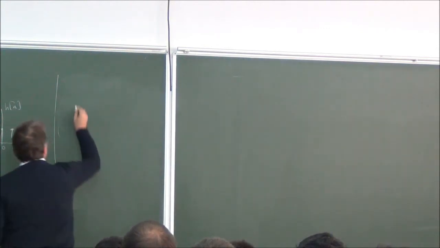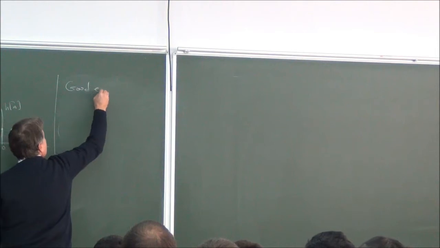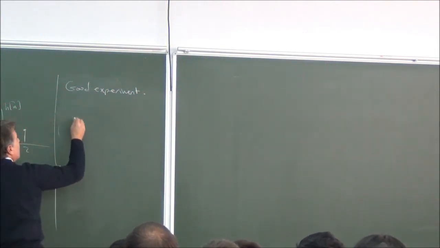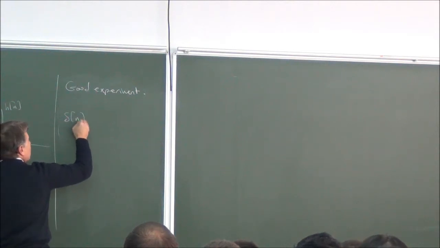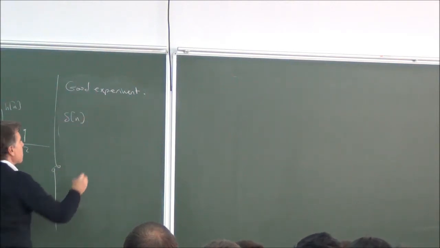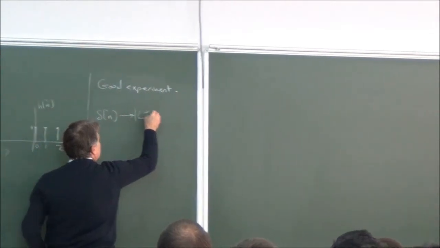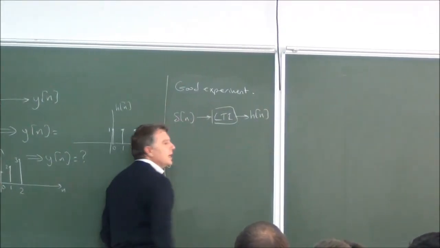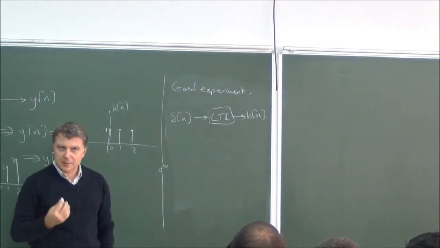Okay, so the good experiment is as follows. We input an impulse, a unit sample, to the LTI system, and we observe the output, and we call it h of n, which is the impulse response. That's a particular name.